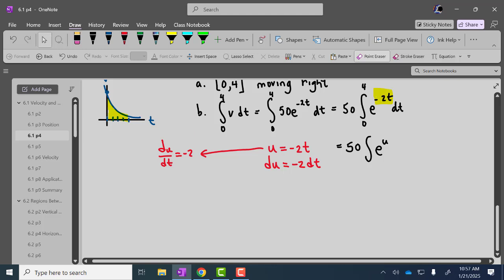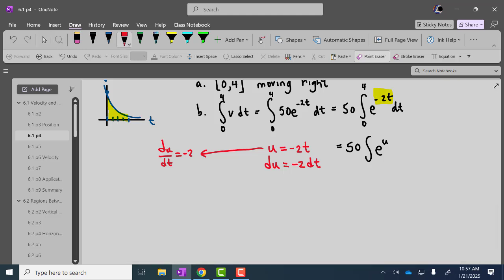We come down here, and you probably don't need to, but let's be really thorough on this first example. If we isolate dt, we see that dt is equal to du over negative 2. Dividing by negative 2, that can float to the front. That's just a multiplicative constant. Constants that are multiplicative can always just factor out to the front. So we'll pull the negative 2 out to the front.